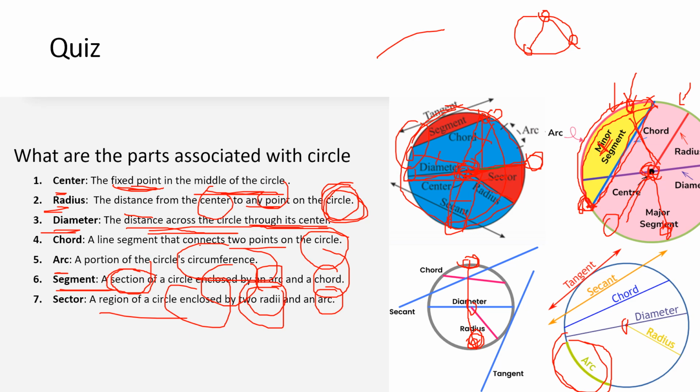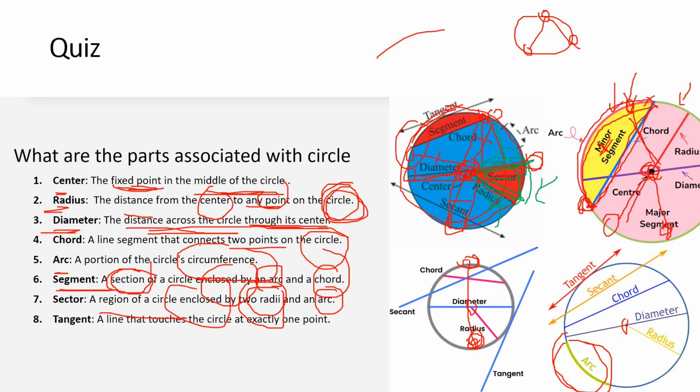From here to here is a radius. From here to here is a radius. There are two radii now, and this is an arc. So how can we define this? A sector is a region of a circle enclosed by two radii, this and this, and an arc.